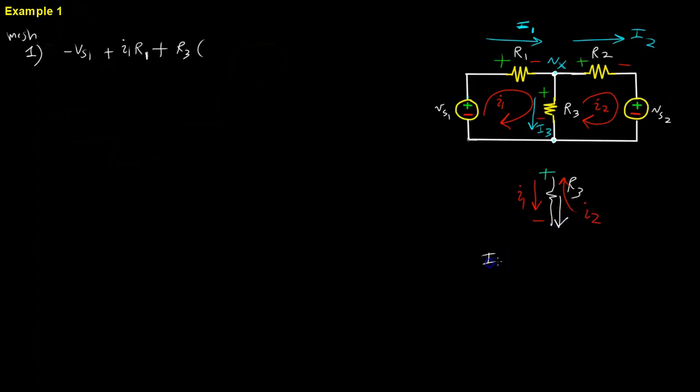So I3 is a difference of I1 and I2, but you have to make sure you understand what sign it is. Because we've defined plus and minus to be in this direction, high to low potential this way, current must be flowing this way.